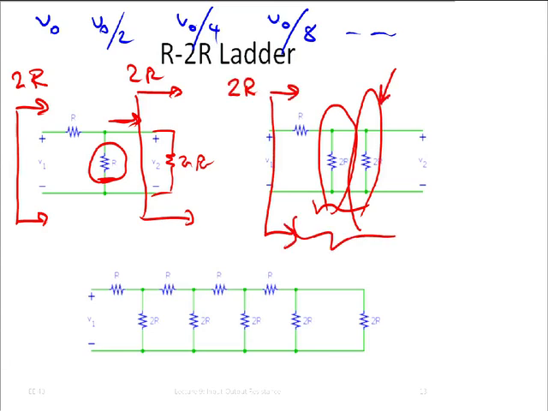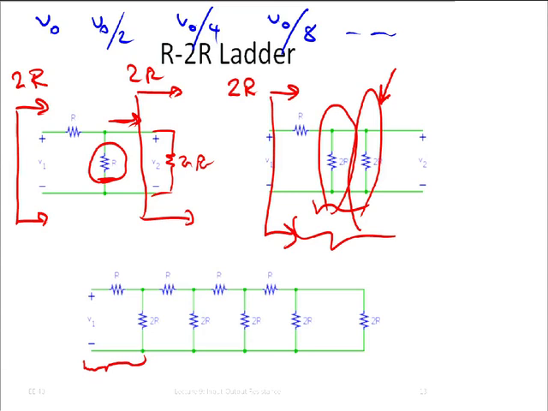So I build the first stage that divides by 2, and I terminate it not with the resistor R, but with the resistor 2R, and then I present another resistor here of value 2R. So looking in here is also 2R.